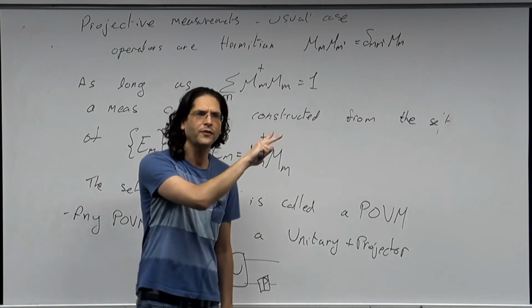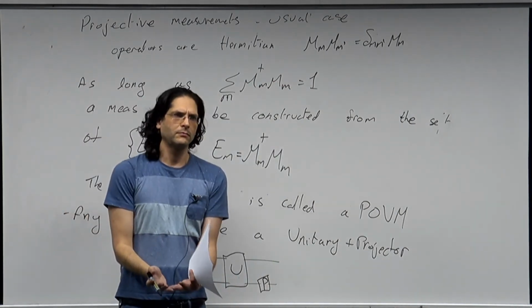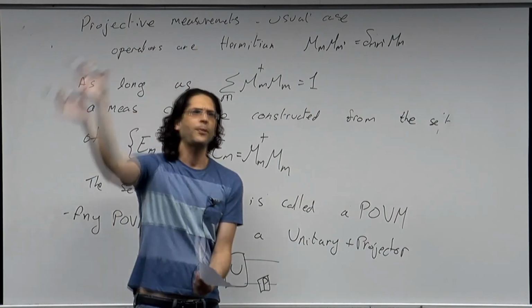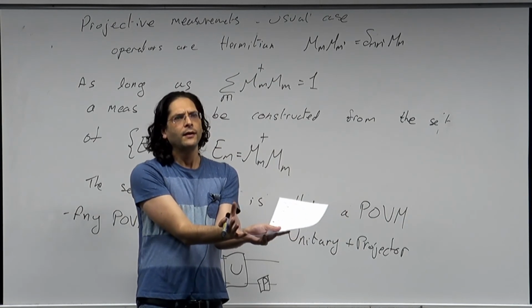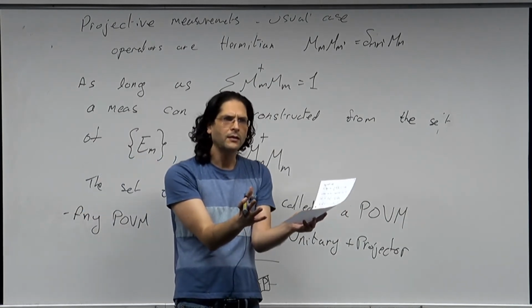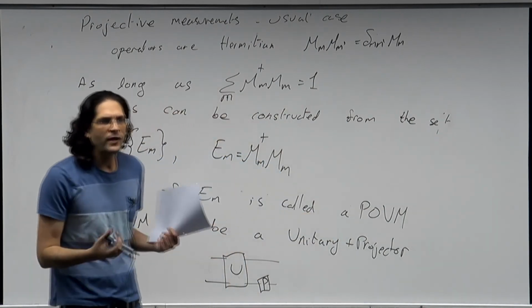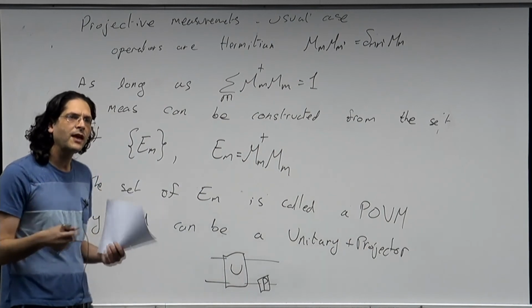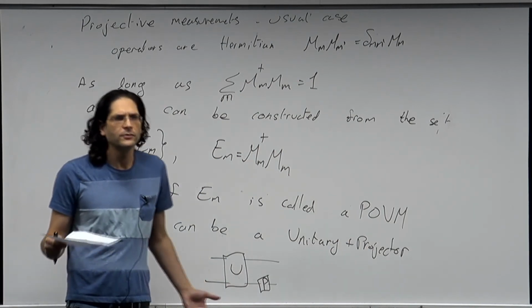A POVM, basically, to a projection is a little bit like what the density matrix is to the wave function. We had the purification, if you remember before. You have your big Hilbert space, and you trace out part of it, and you have your density matrix, and it describes the world that you can keep track of, take care of, look at. In a sense, a POVM does the same thing for projectors.